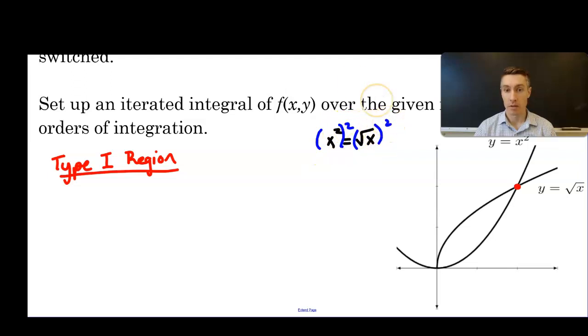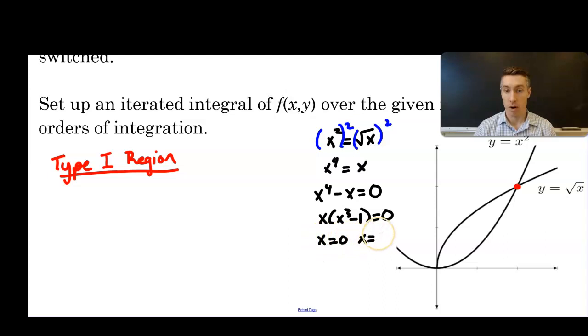So x to the fourth equals x, x to the fourth minus x equals 0, x times (x cubed minus 1) equals 0. So either x equals 0 or x equals 1. So we have 0 and we have 1, and if x is 1, y is also 1. That's always the first thing: we might need to find the intersection of the curves.